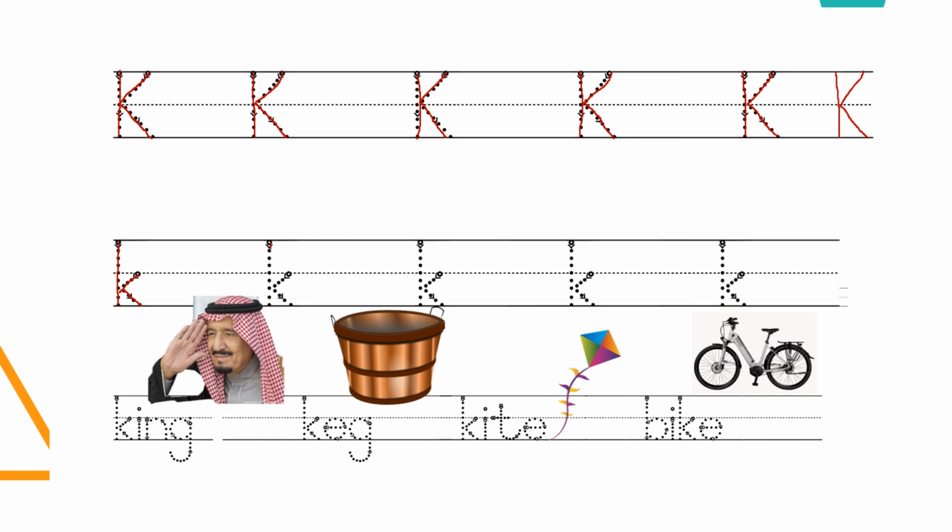So this is the lowercase when the letter is in the middle of a word, or if it's the beginning of a word but it's not the beginning of a sentence. This is how we write the letter K, K sound.